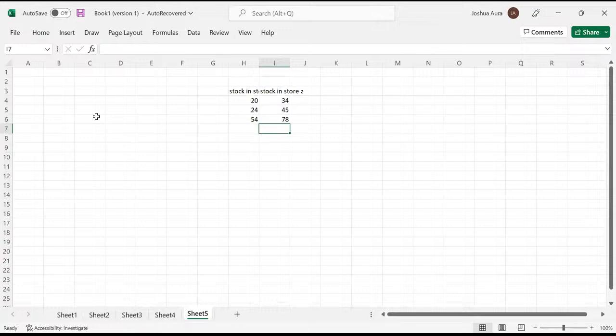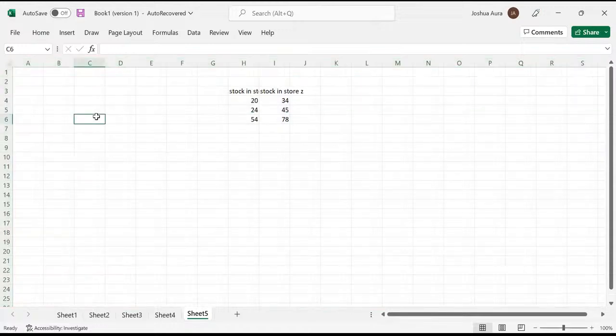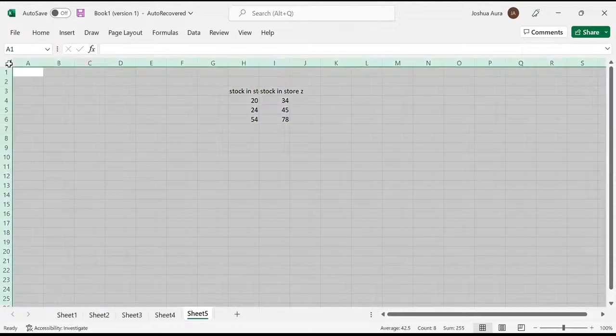You could say Control A, or if you know how to use Excel very well, there is this particular point at the corner between A and 1. You simply put your cursor there and click on it just once. What are you able to see? You're able to see that the entire Excel worksheet has been highlighted.